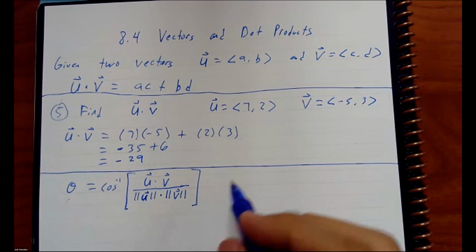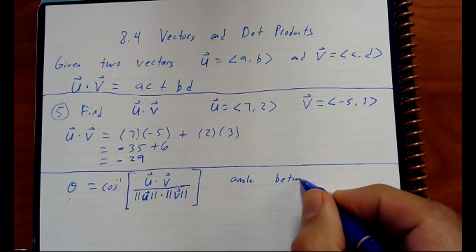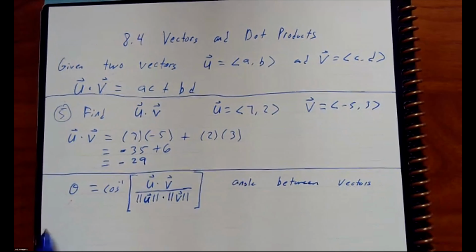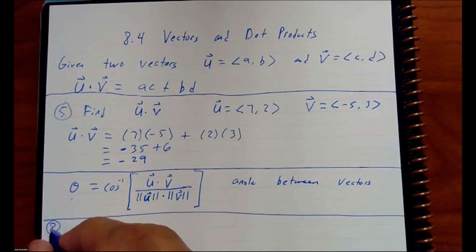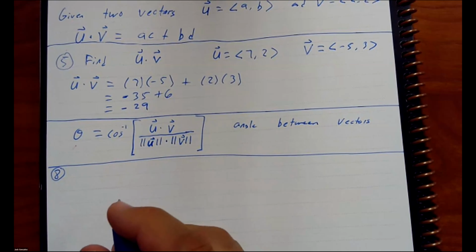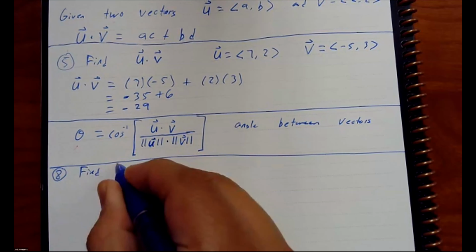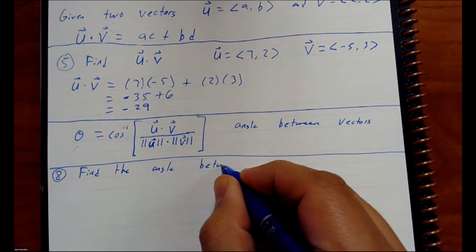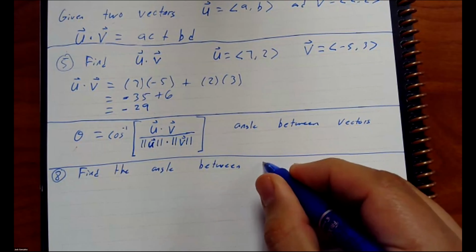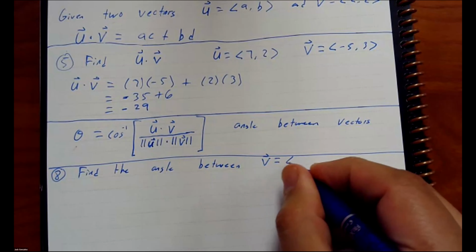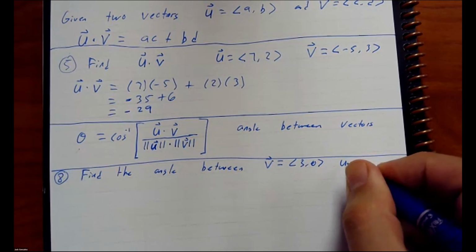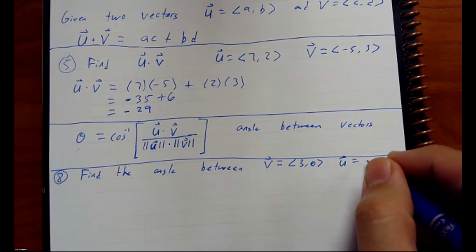So question number 8. Find the angle between v equal to 3, 0 and u equal to 0, -7.